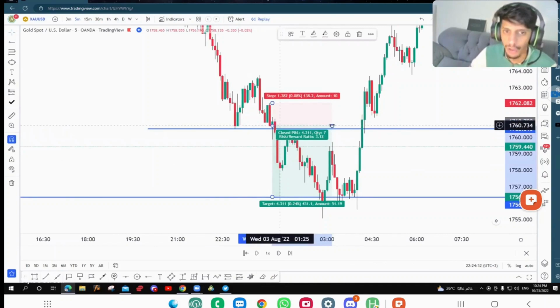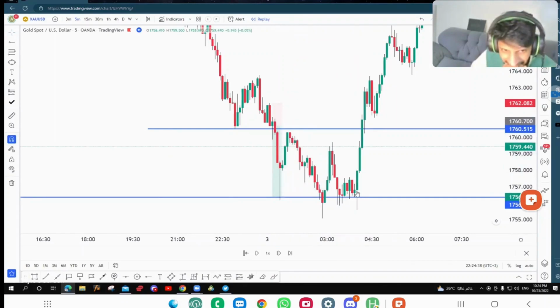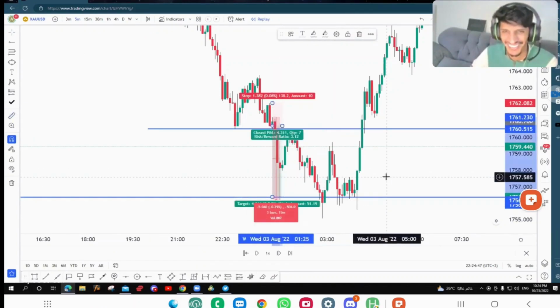Now, how long does it take to hit the target? Maybe 10 minutes after the trigger. Let's say 15 minutes, yes. This is a 50 pip move.